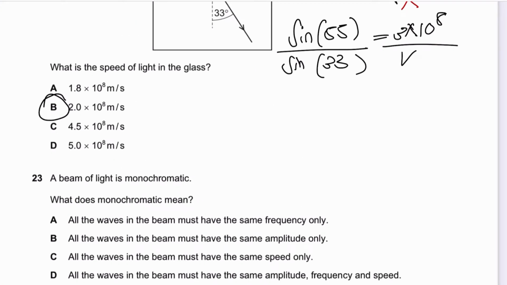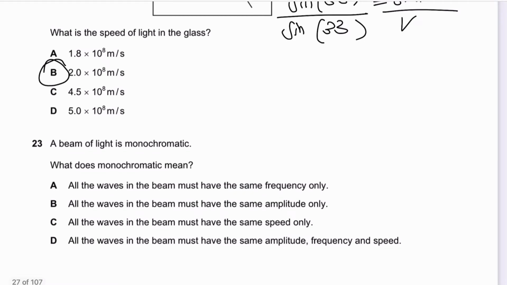23. A beam of light is monochromatic. Chro meaning color, mono meaning same. Now when we have light which is of the same color, it has the same energy, the same wavelength, the same frequency. So when we're talking about 23, what does monochromatic mean?